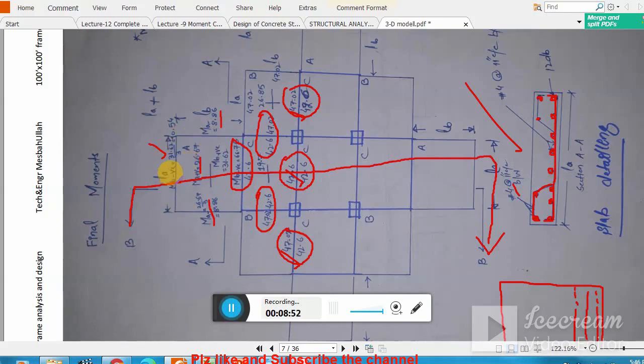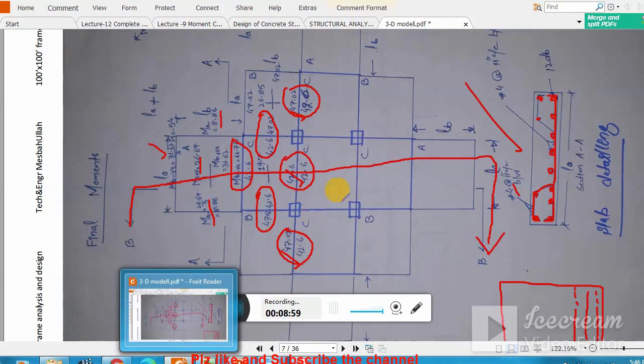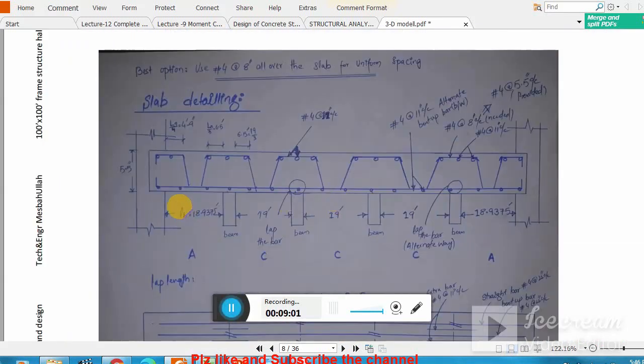So here the bars along the longer side are on the shorter side bars. Make sure the bars which are provided along the longer side look like this. Here you see the circles are just below the longer bars, because they are provided along panel A. In panel C, that is a square panel, so you can't provide that kind of arrangement.